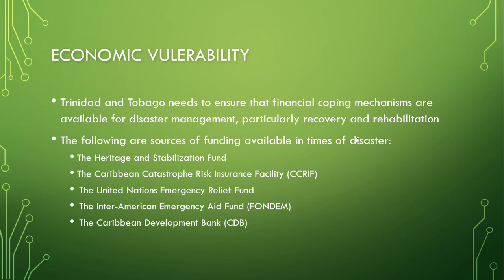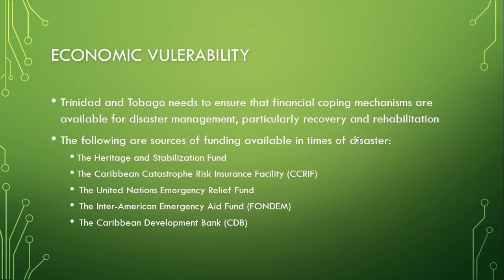Some of the sources of funding available to Trinidad and Tobago in times of disaster include the Heritage and Stabilization Fund. In recent times, you've been hearing in the news that the government has had the need to draw down on this fund in order to attempt to stabilize the economy as we have moved into recession.